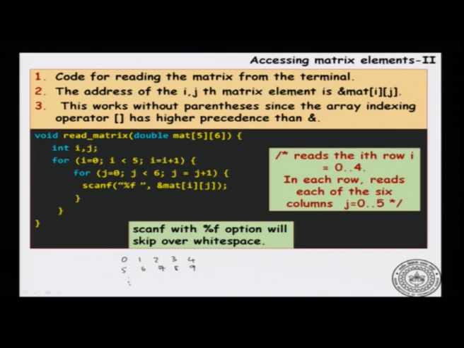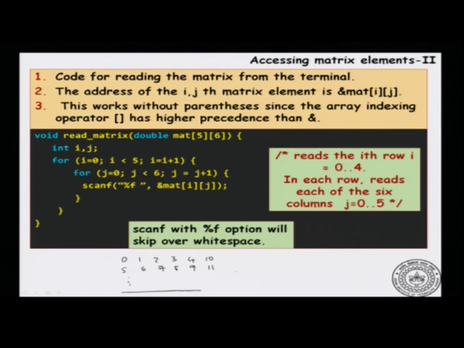So, 5 rows. Each row is entered in a line, and each line has 6 entries. So, let us call this maybe 10 and 11. Each row has 6 entries and there are 5 rows.